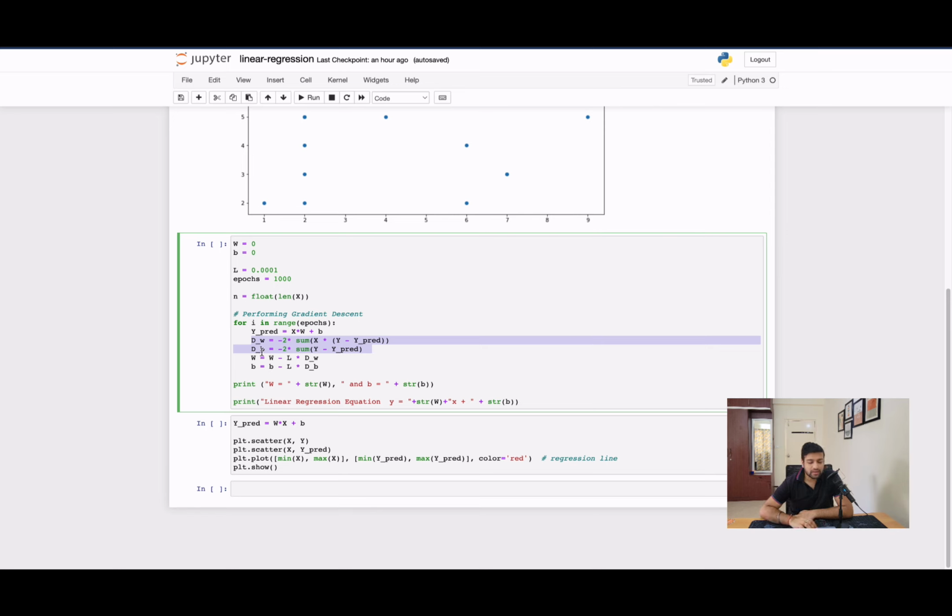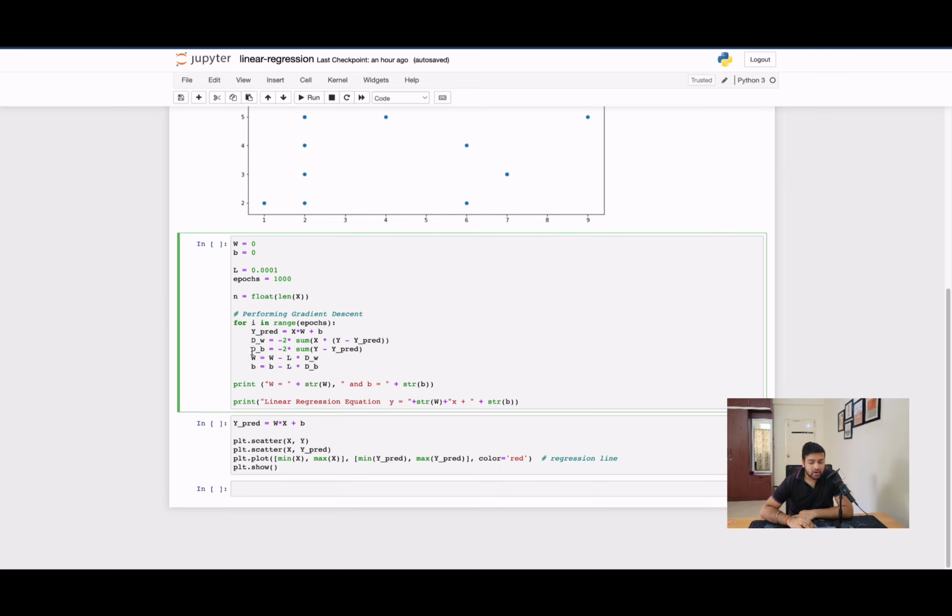As we saw, the derivative with respect to w is minus 2 times the multiplication of the input tensor into the difference between the actual label and the predicted label. You can go back to the slide where we hand derived these derivatives and see that this is the exact equation that we derived in that case also.